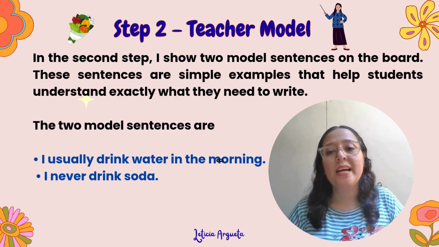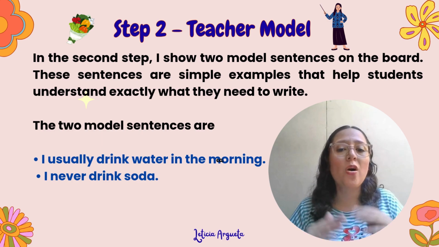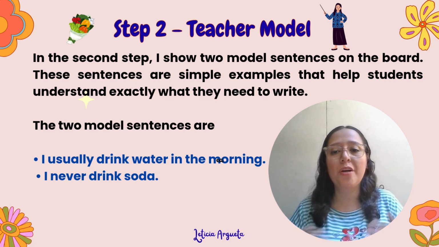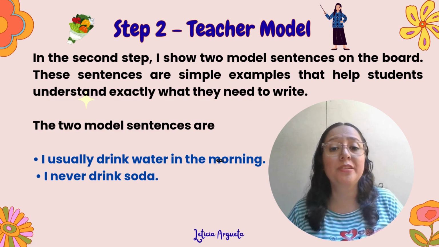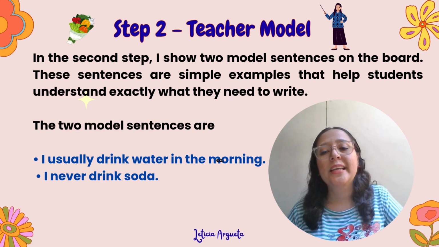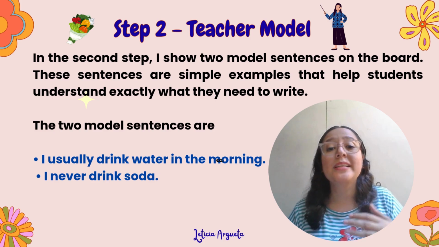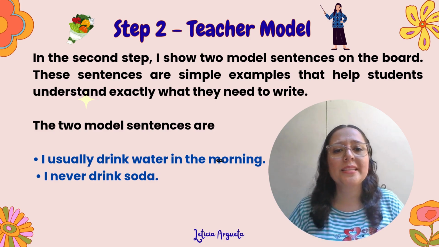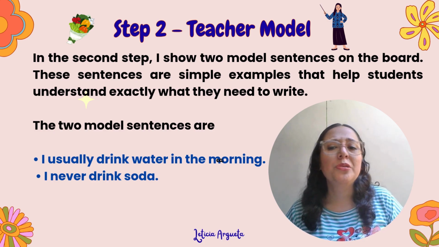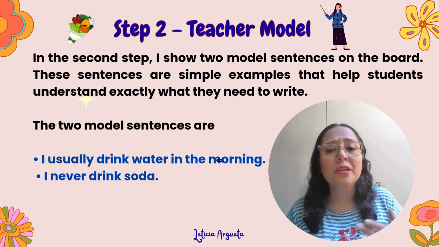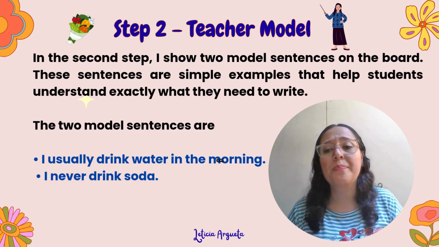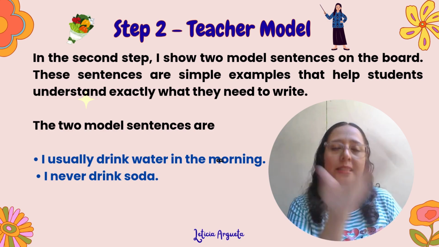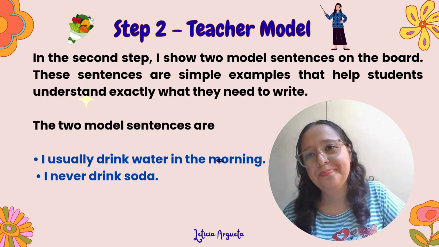But when they see a clear model on the board, they understand the pattern, and they feel more comfortable and more confident to write their ideas. The example sentences also give inspiration, and students start thinking, what do I usually do? What do I never do? This helps them prepare their own writing for the next step.